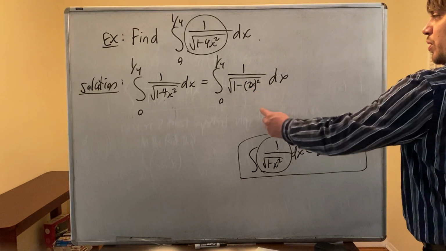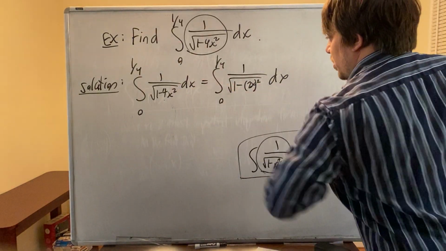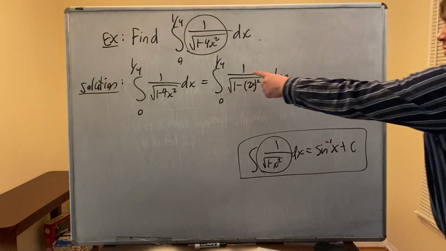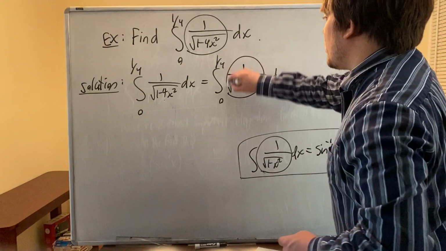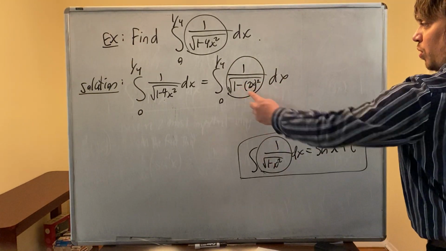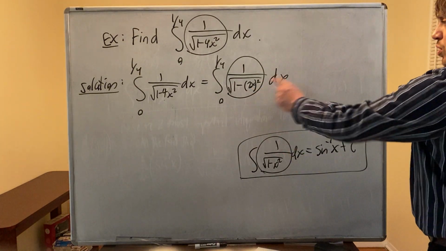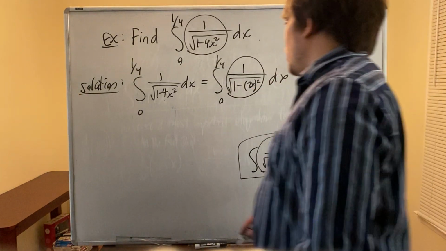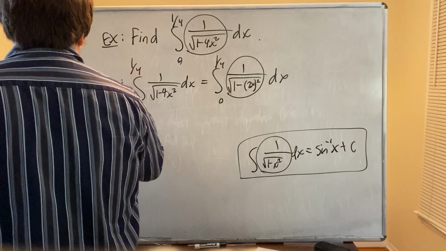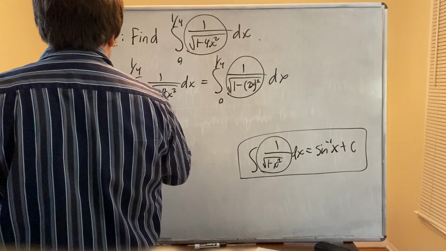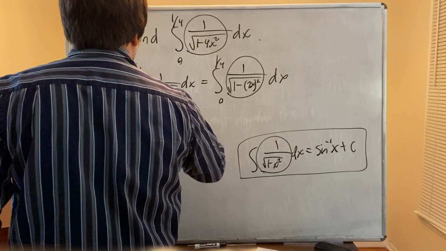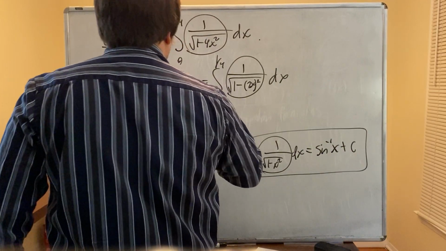You square 2x, you get 2 squared times x squared. That's 4x squared. Now we have this of the form 1 over the square root of 1 minus something squared. But that something is not x, it's 2x. And so we're going to use U substitution. Let u equal 2x. Then du equals 2 dx.